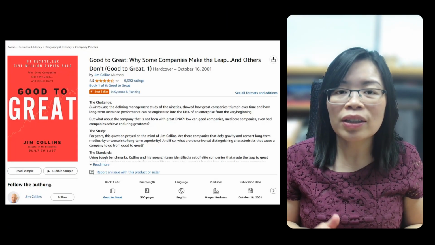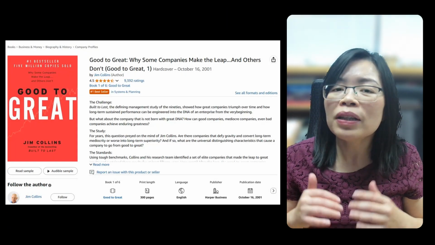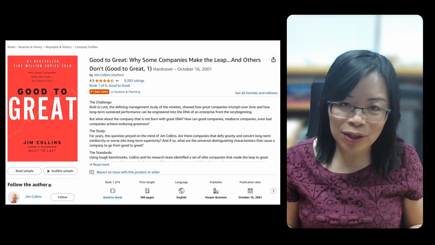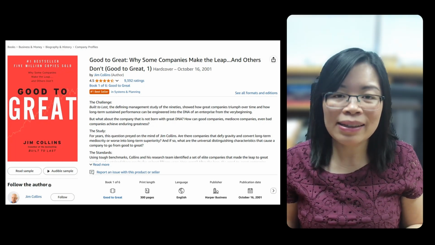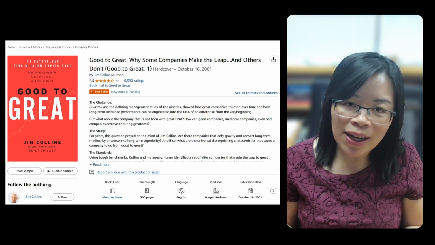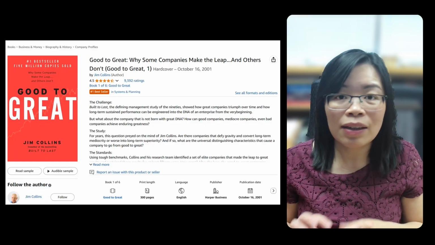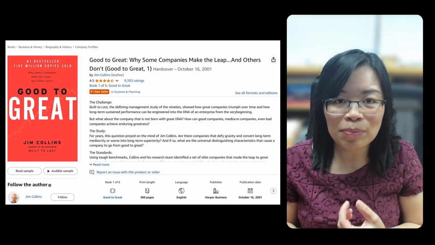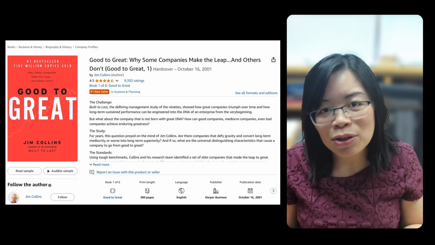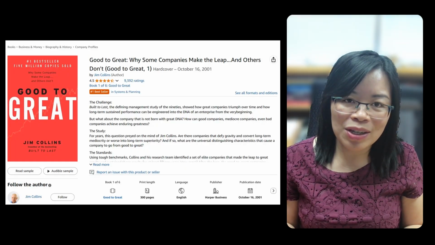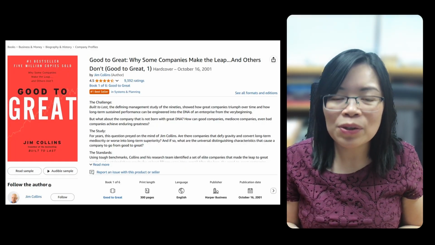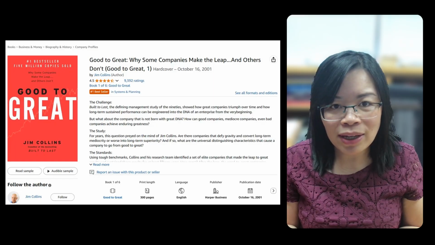Jim Collins' book, Good to Great, is beloved by many managers. Collins identified a set of great companies and analyzed what they had in common. His findings, like the famous level 5 leadership, get the right people on the bus, etc., became best practices in many organizations, but scholars have pointed out severe methodological issues.